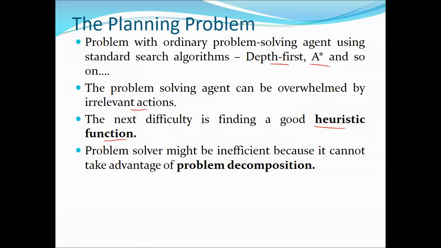If you find a good heuristic function, then there is a high probability that you will get a good solution. But actually finding a good heuristic function is difficult. So these are some of the challenges we faced in normal search problems.